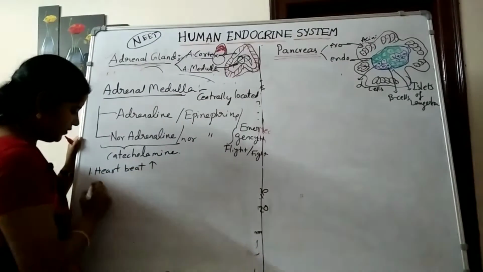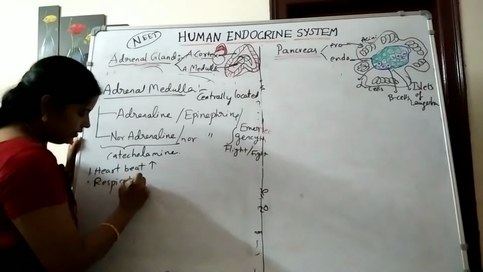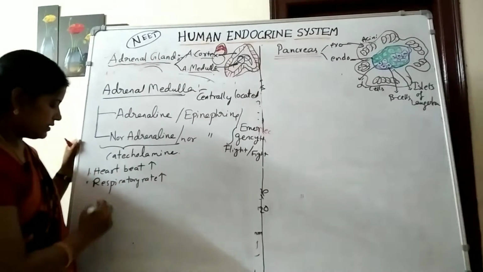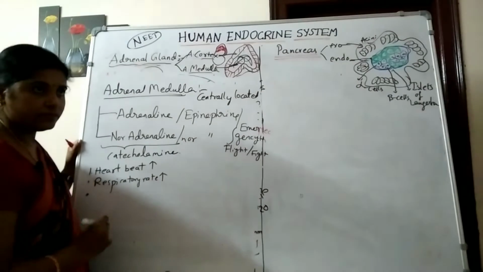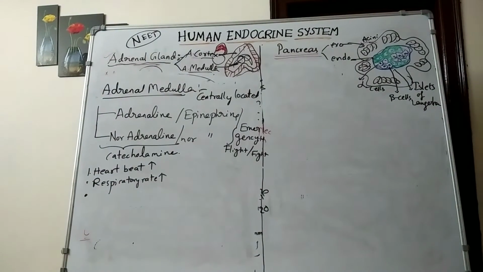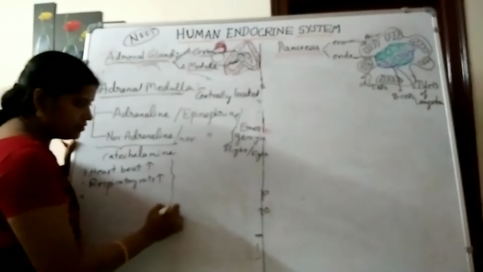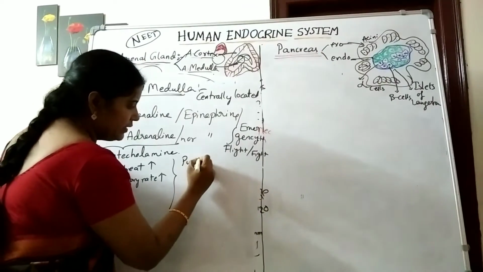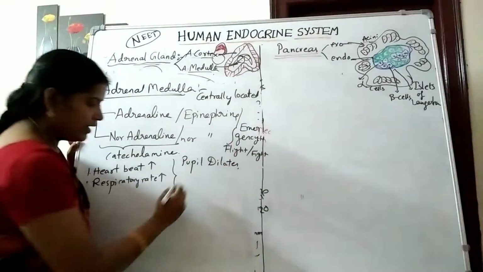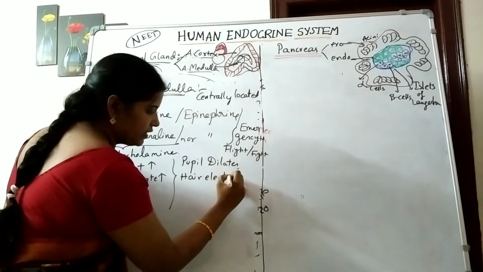One is heartbeat, another one is respiratory rate, and also the pupil dilates, and hair erection, also known as piloerection.